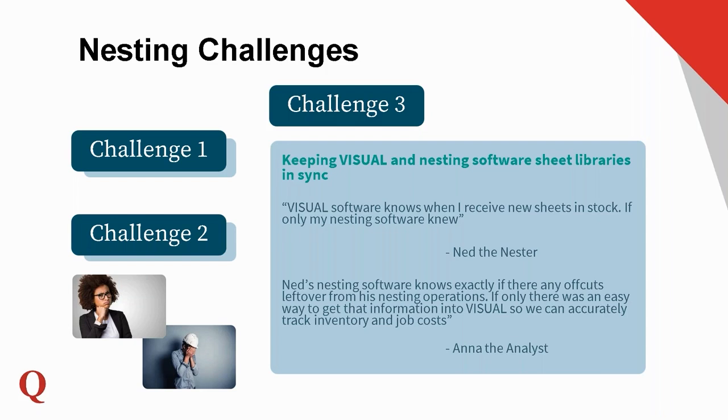So trying to keep track of these two isolated systems of our sheet inventory is definitely challenging. This is especially true if you're a company that does lot tracking of your raw materials. It's critical that we have an accurate view of our inventories across all of our different systems that are consuming these different plate materials. So those are the three challenges that we commonly see in the industry.